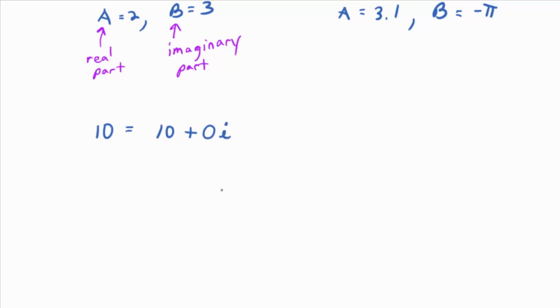We're going to have to assume that 0 times i is 0, just like any other multiplication, but we'll just say that's true, say that's a definition, and don't worry about it. Then is it true? Yeah, 10 is a real number, but it's also a complex number. So a in this case is what? 10, and b is 0.